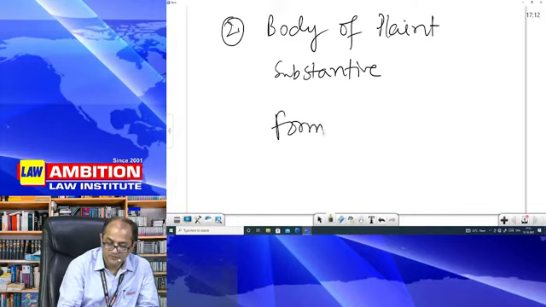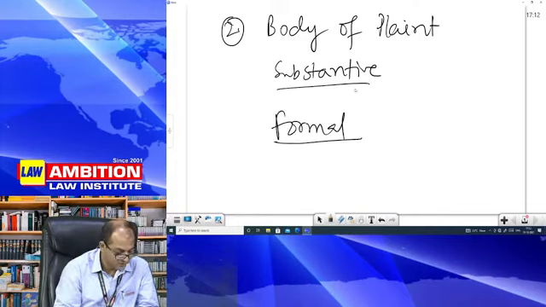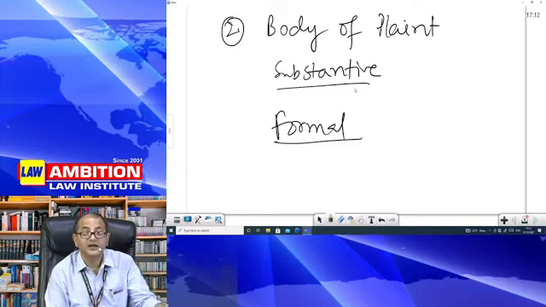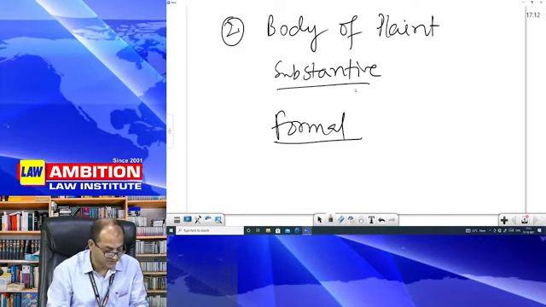There are two parts in the body of the plaint. What is there in the substantive and what is there in the formal portion? Is this clear? That is what I have given in your page.